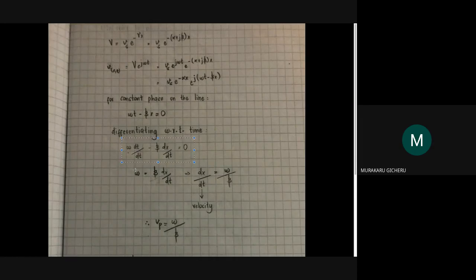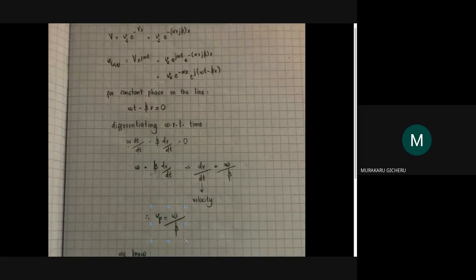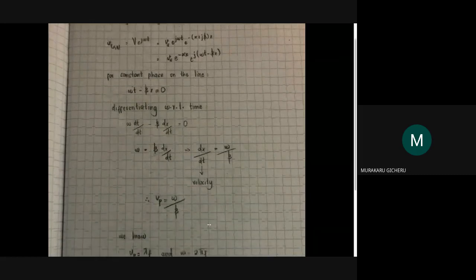Take beta dx over dt to the other side, then take beta to the left, and you get dx over dt equals omega over beta. We all recognize dx over dt as the rate of change of distance with time, which is just velocity. So the phase velocity of the wave becomes omega over beta.